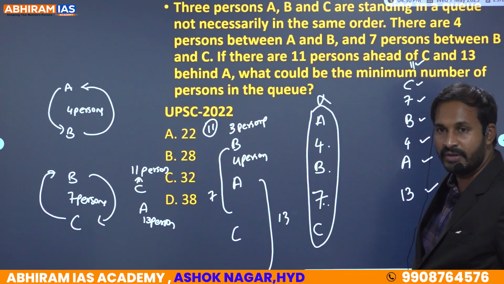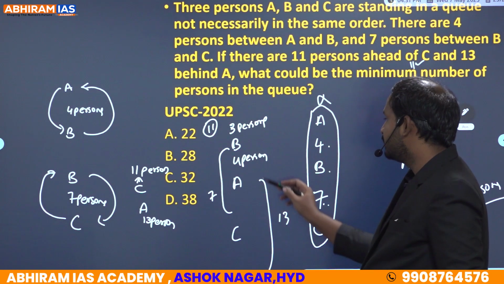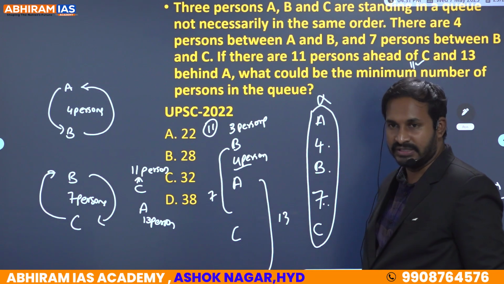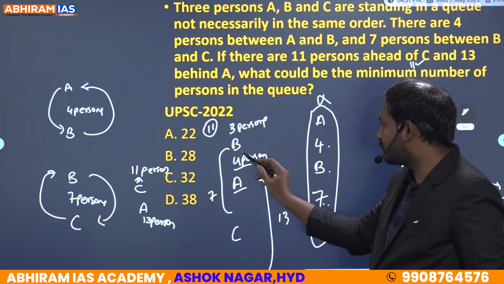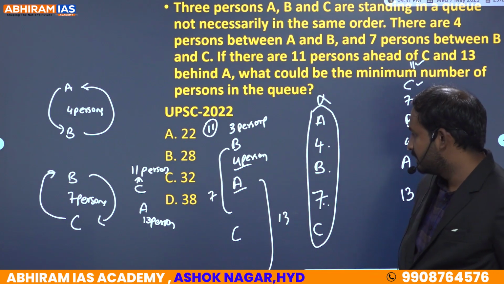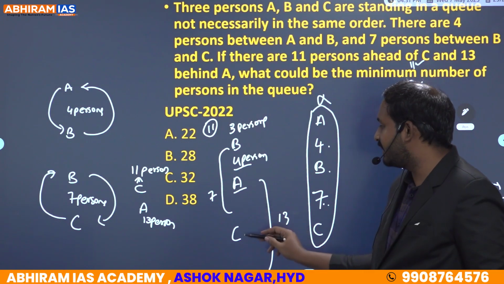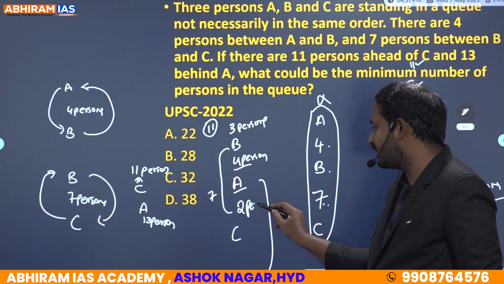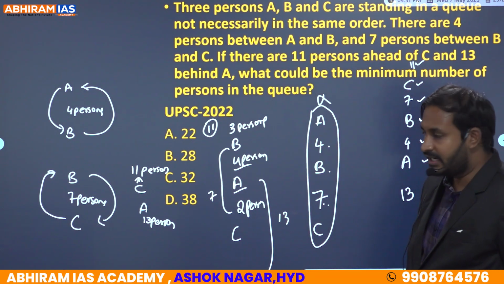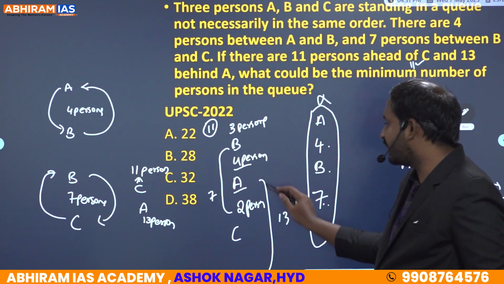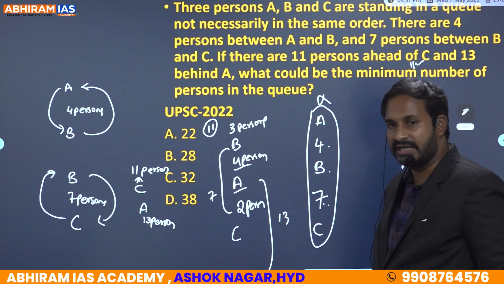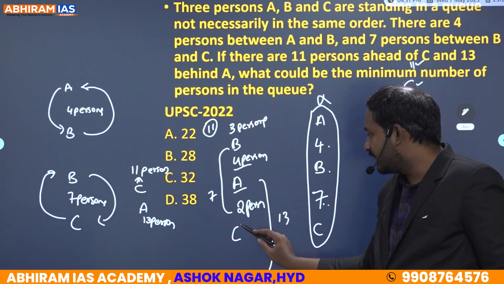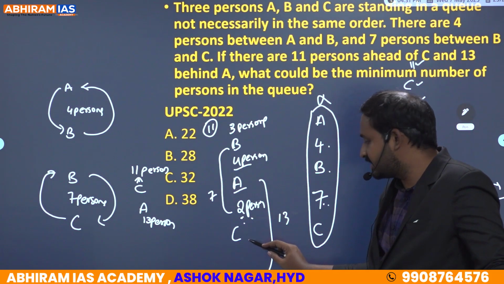Now after C how many will I have? See here, between A and B I have 4 persons. A is the 5th person, including A, 5 persons are there. Now how many are there between A and C? There are 2 persons between A and C. After A there are 13 persons. After A I have 2 persons and C is the third person.